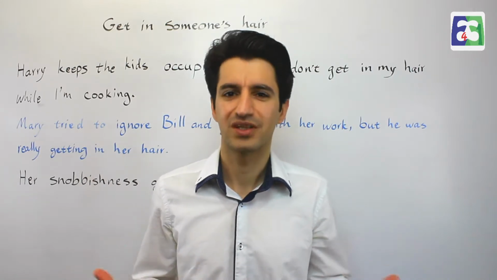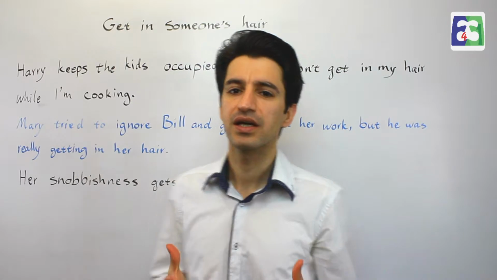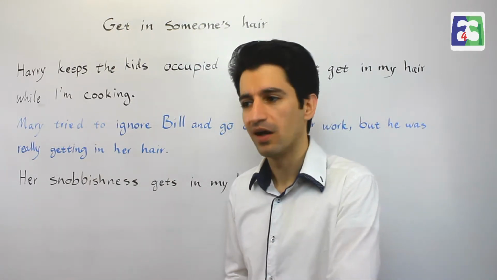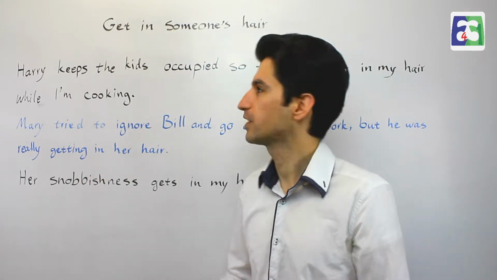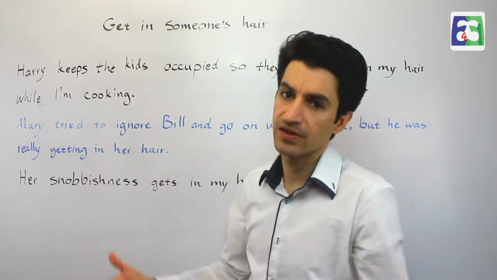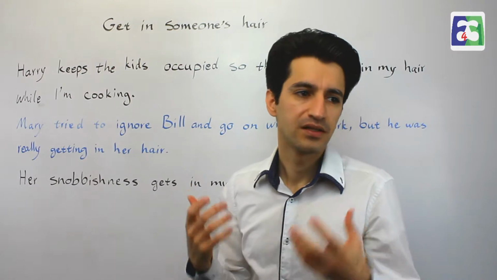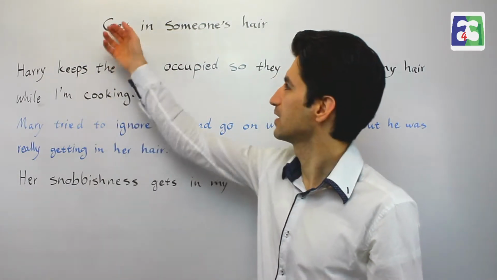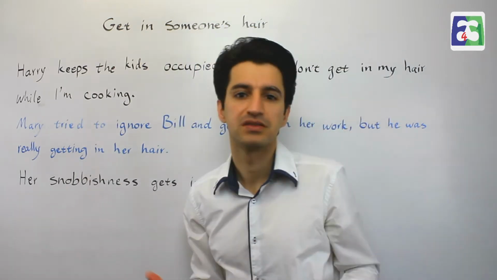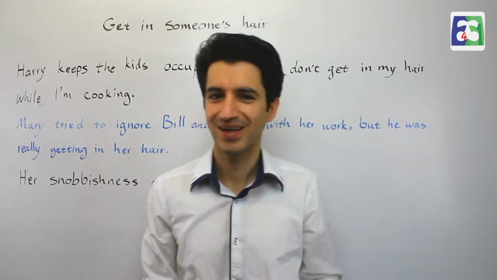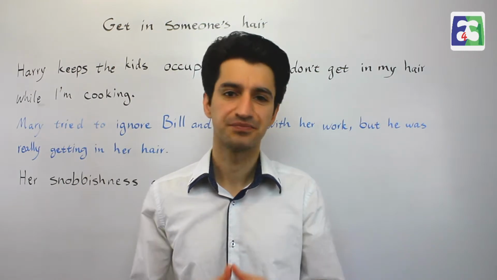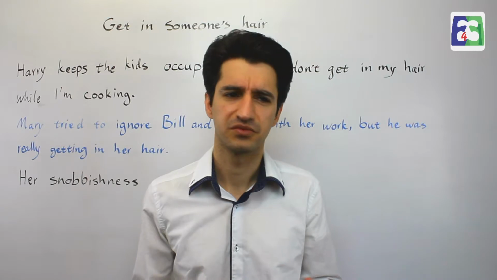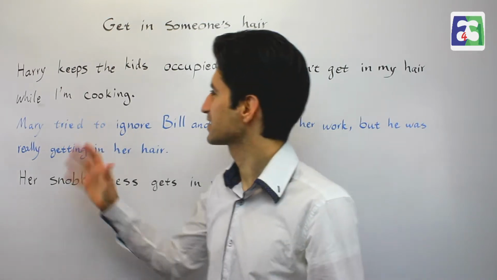So when we have that feeling because of someone's behavior or someone doing something, let me say that thing, that behavior, that song, that music, that whatever gets in my hair means it makes me feel that way. Makes me feel frustrated, annoyed, restless. So that's it.